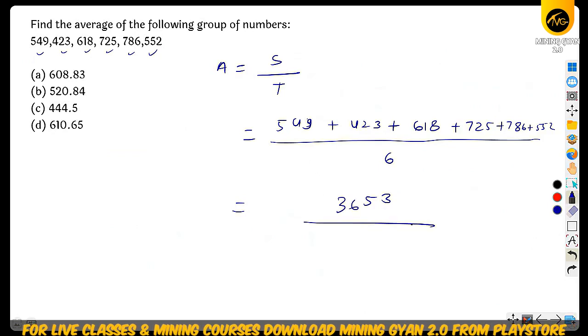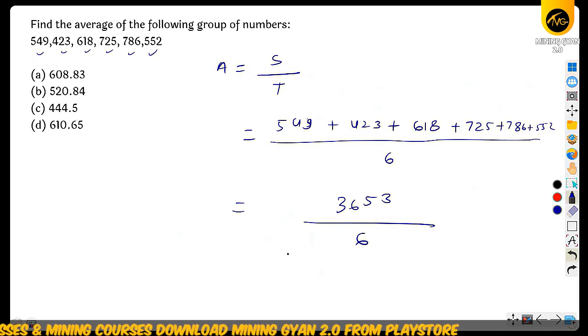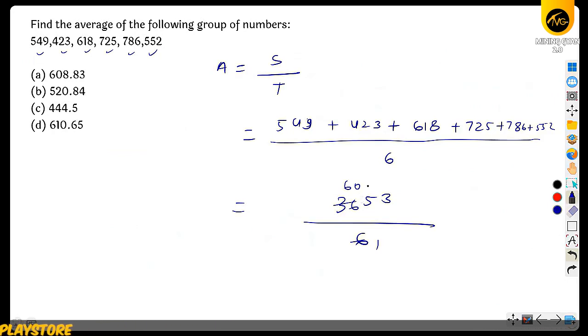So the total sum of the numbers is 3653, divided by 6. You can simplify the number. So basically 6 1s are 6, 6 6s are 36, 0 and then 8. Okay, 48. Then the point.